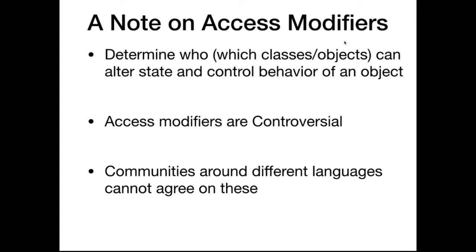You're actually not going to see access modifiers in this class. There are access modifiers in Scala, but it's kind of pretty much convention to not use them at all. I won't use them at all in this class. And these are actually controversial. Access modifiers are not the be-all and end-all. You either use them or you don't. Across different communities and different languages, there's not much agreement on whether we need access modifiers or not.